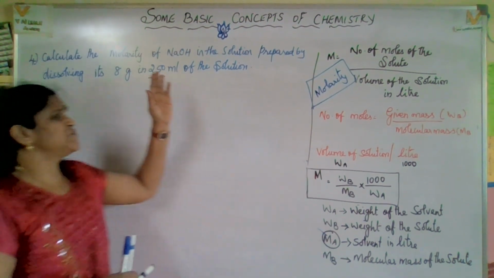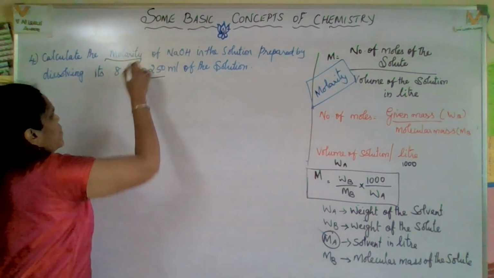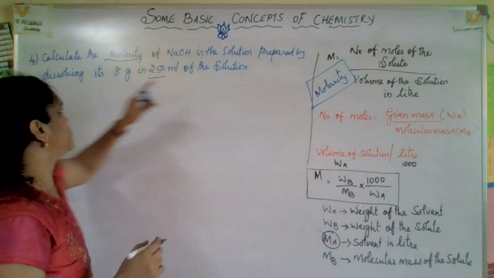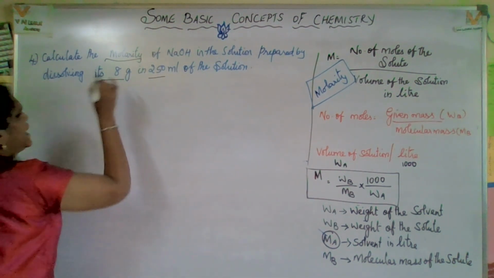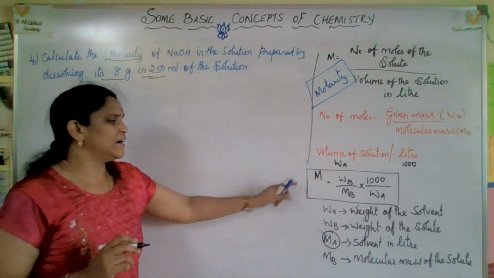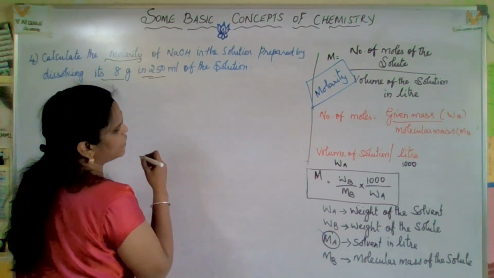The next question is very simple. Calculate the molarity. Now you have to find out the molarity. So, direct question: molarity of sodium hydroxide in the solution prepared by dissolving 8 grams in 250 ml of the solution. See, molarity you have to find out. So now let us write all those values.